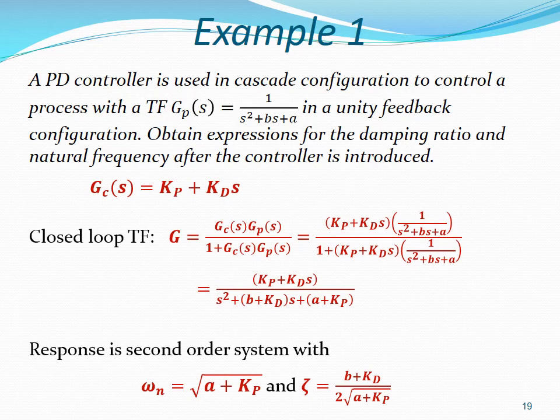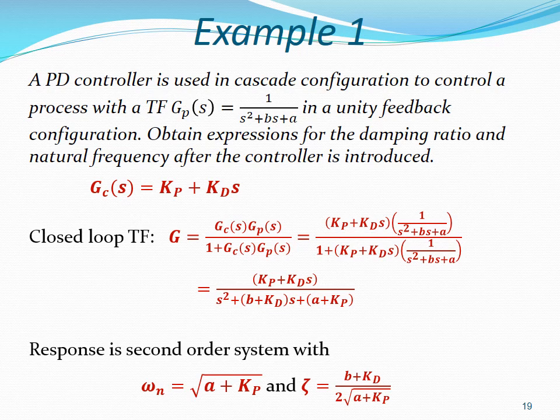The TF of the controller is equal to Kp plus Kd s, which is the general expression for the TF of a PD controller. The closed loop TF of the resulting system is equal to G_c(s)G_p(s) over 1 plus G_c(s)G_p(s). This works out to (Kp + Kd s) over s squared plus (B + Kd)s plus (A + Kp).